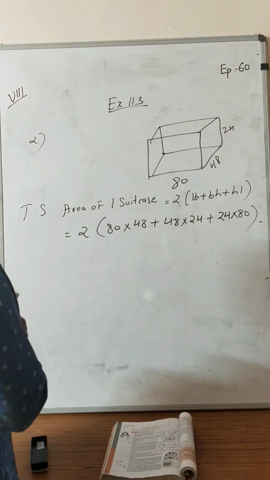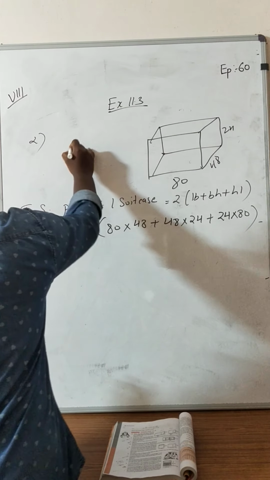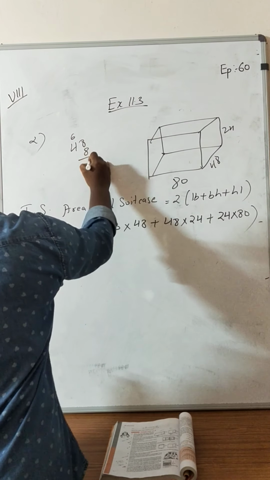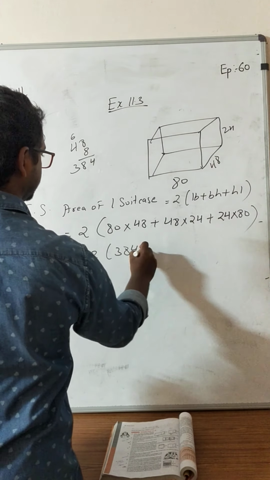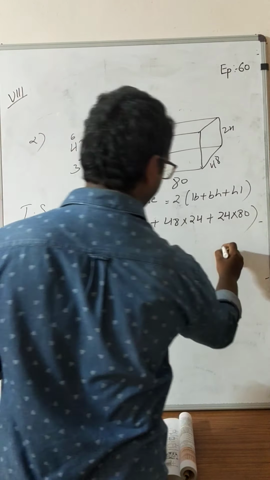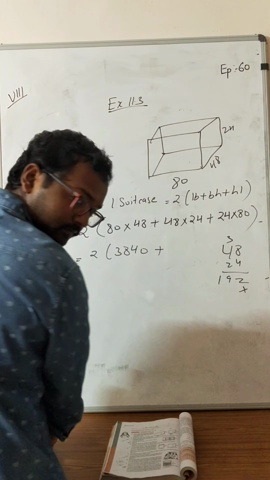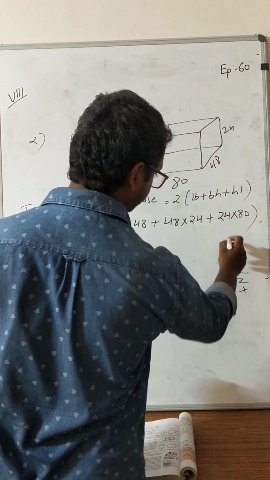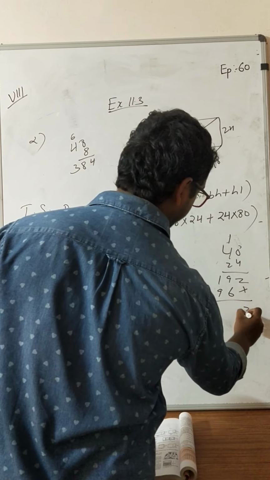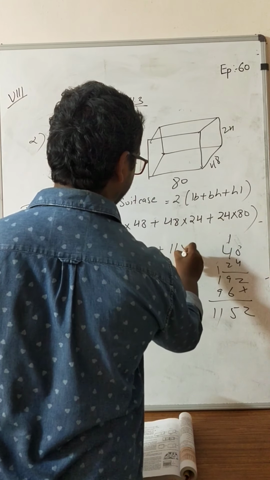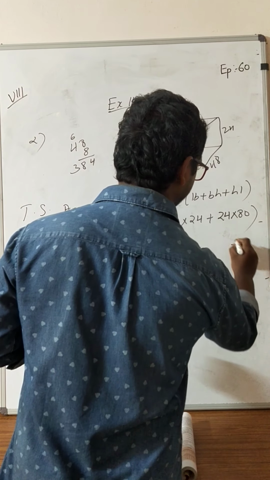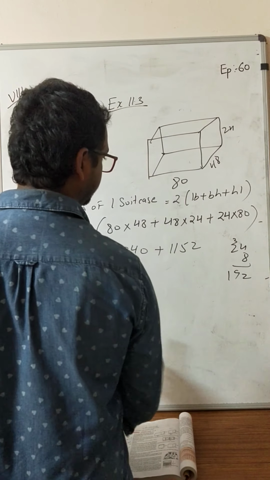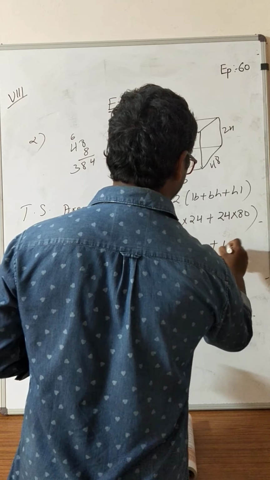So what we will get is 48 into 80, which is 3840, plus 48 into 24, which is 1152, plus 24 into 80, which is 1920.